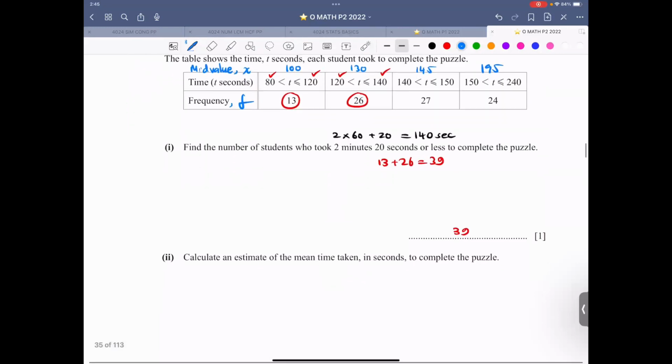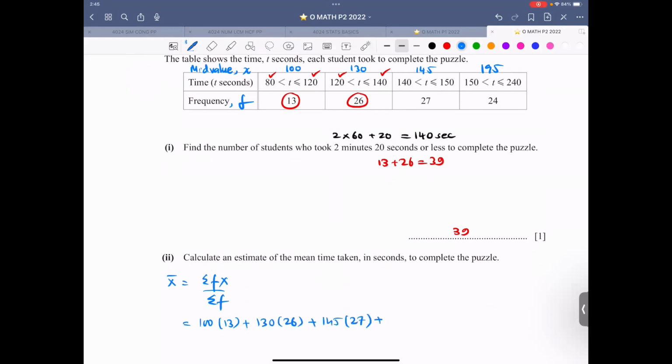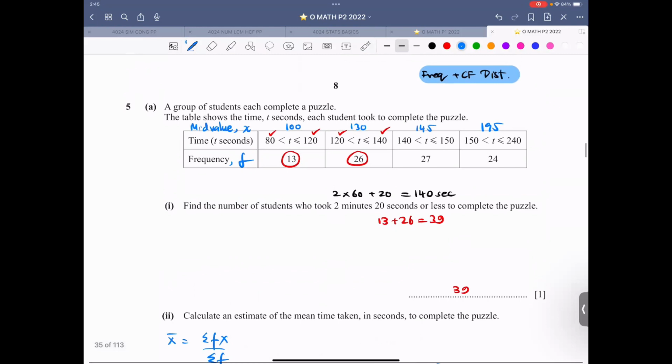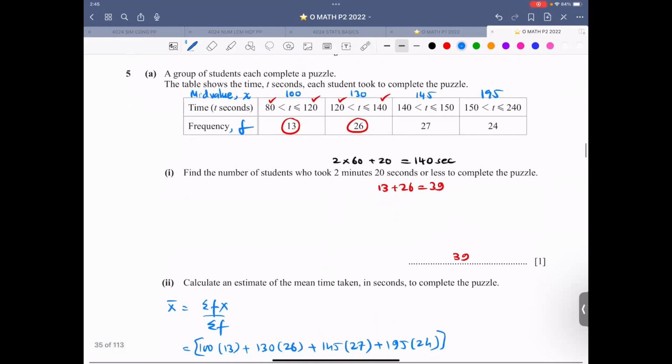These are the frequencies. So therefore, X bar is sigma Fx over sigma F, which is 100 into 13, 130 into 26, 145 into 27, 195 into 24, everything added together divided by sum of frequencies. That is how much?